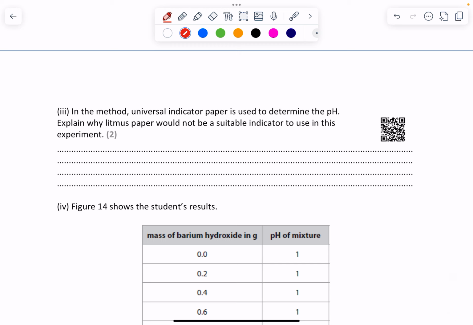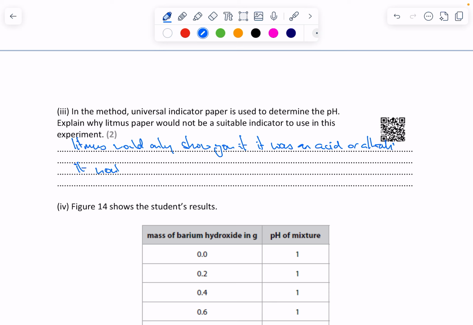Next one, part 3. Explain why universal indicator is used and litmus would not be suitable. So if we were to use litmus, litmus would only show you if it was an acid or alkali.